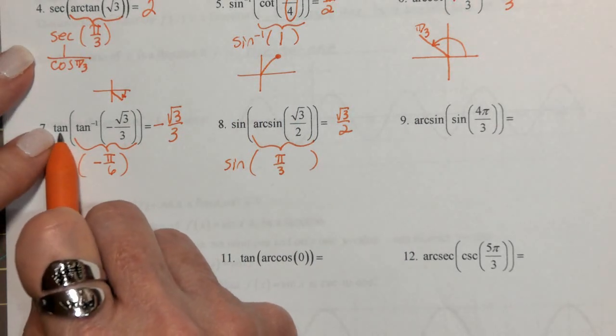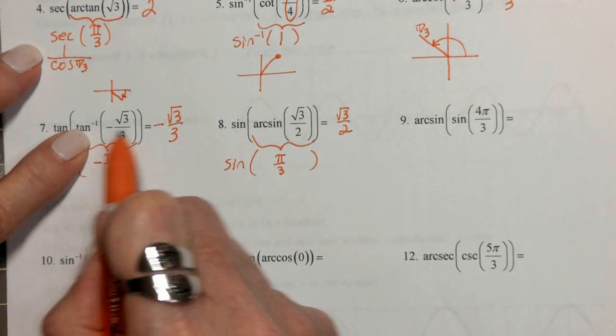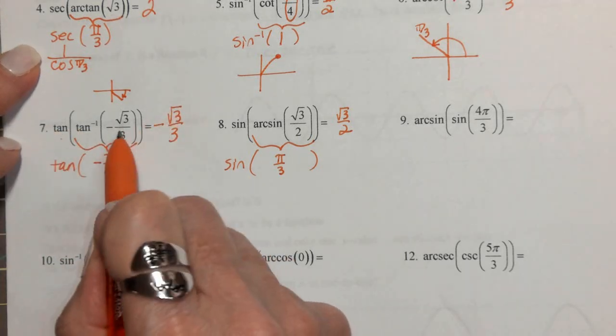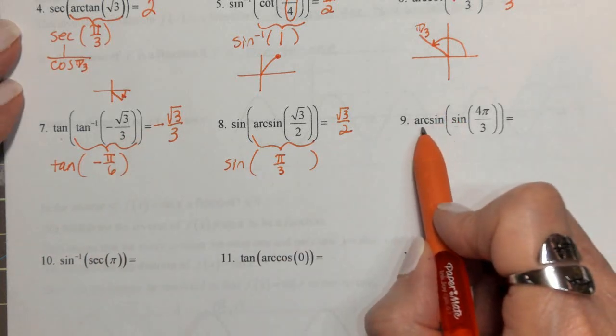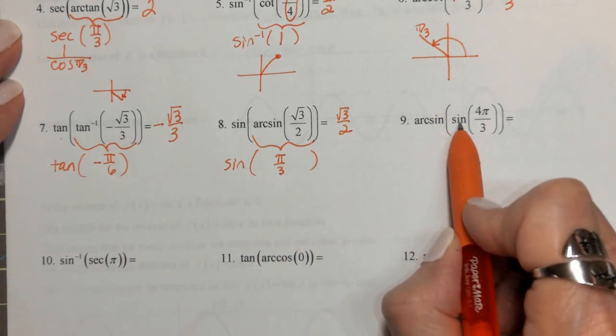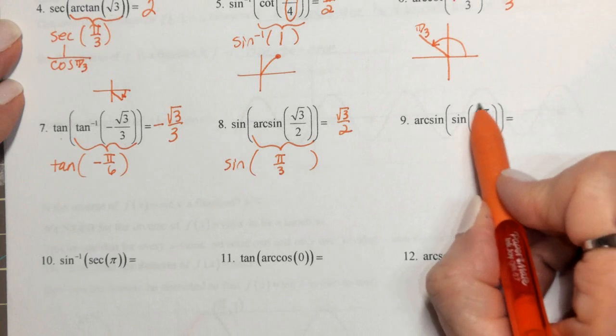A function of its inverse is always going to yield the same thing. Is that true for every inverse of the function? No, it's not. And here's why. Because of the restricted domain.